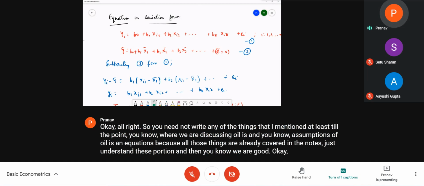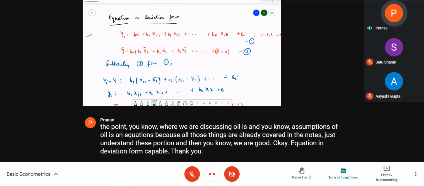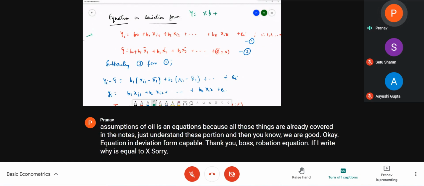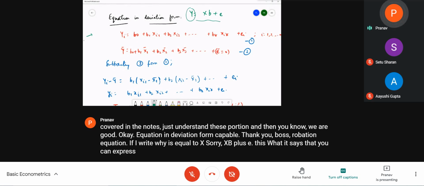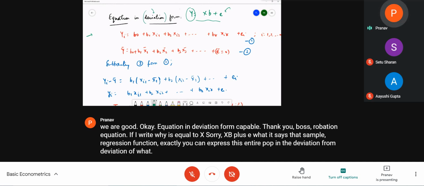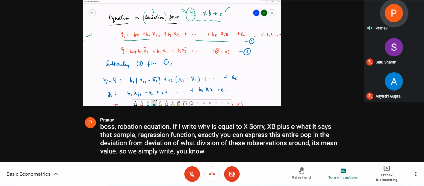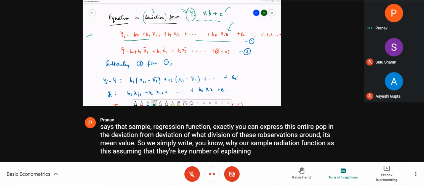Okay, equation in deviation form says that if I write my equation as y is equal to xb plus e, you can express this entire sample regression function exactly in deviation form. Deviation of what? Deviation of the raw observations around their mean value. So we simply write our sample regression function as this, assuming that there are k explanatory variables.